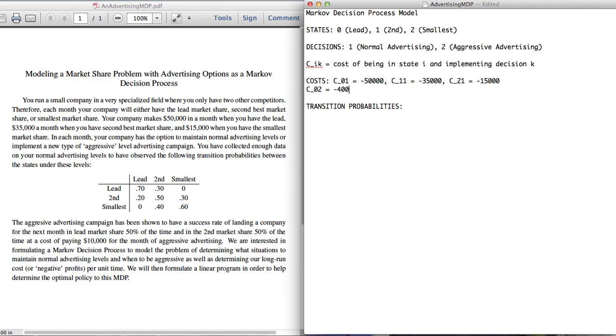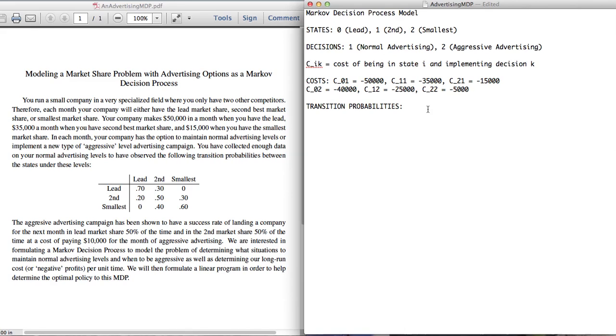Our cost is minus 40,000 because we have to factor in the $10,000 we're paying for the aggressive advertising campaign. Similarly, C12 is minus 25,000, and then C22 is minus $5,000.